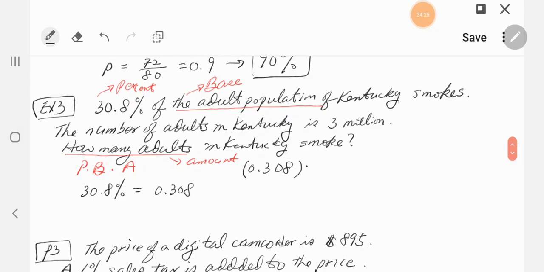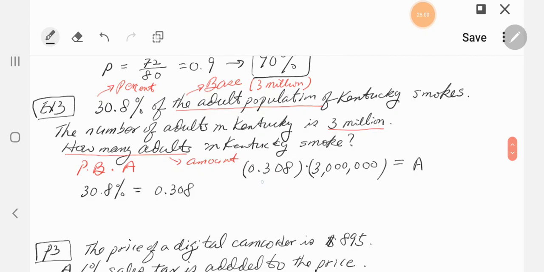So 3 million is the base, right? So write it down, 3 million. So that is the amount, the number of adults in Kentucky who smoke.